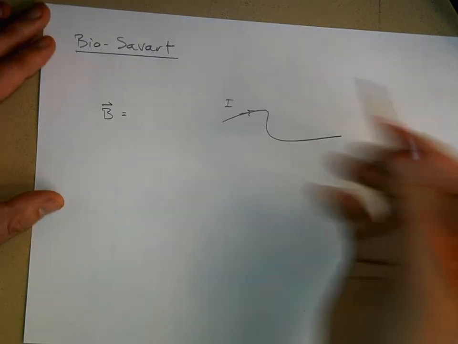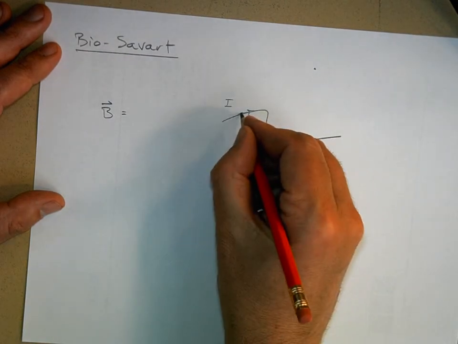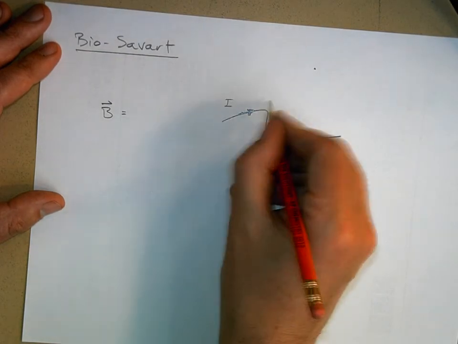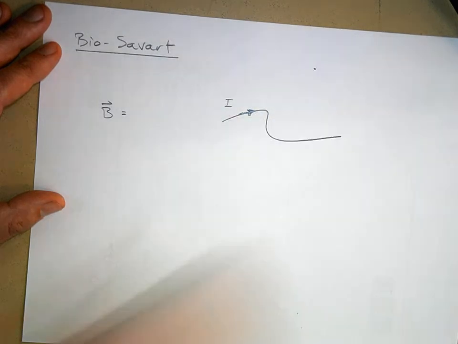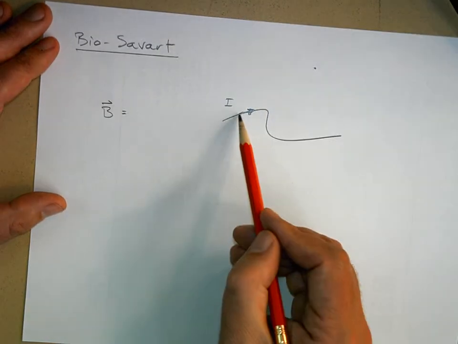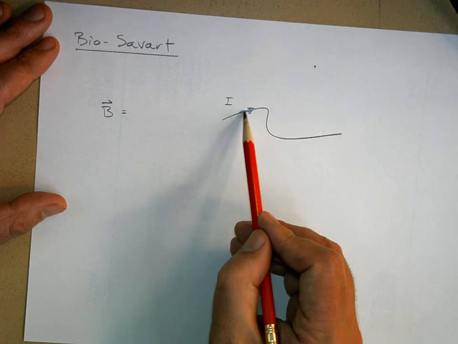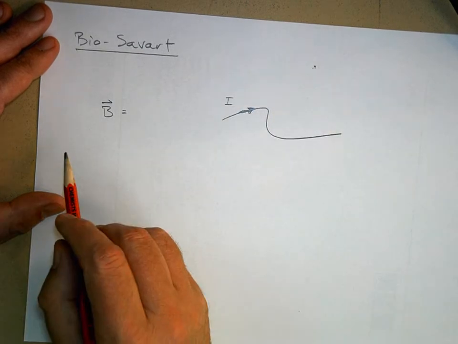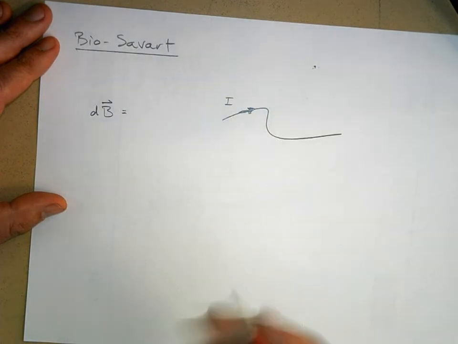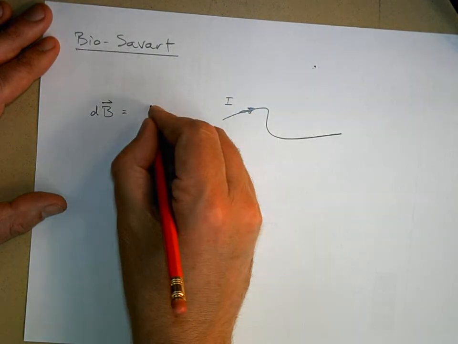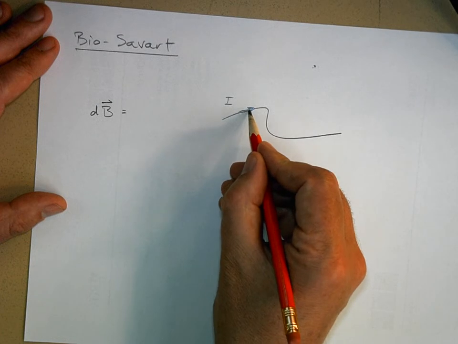And there's a little point in space, and we say, okay, right here there's a current, and I want to know how much magnetic field is created by this little tiny segment of current way over here. So we'll start off with a little differential element of it, and then of course we'll integrate. First of all, it depends on the length of the wire that has current running through it.